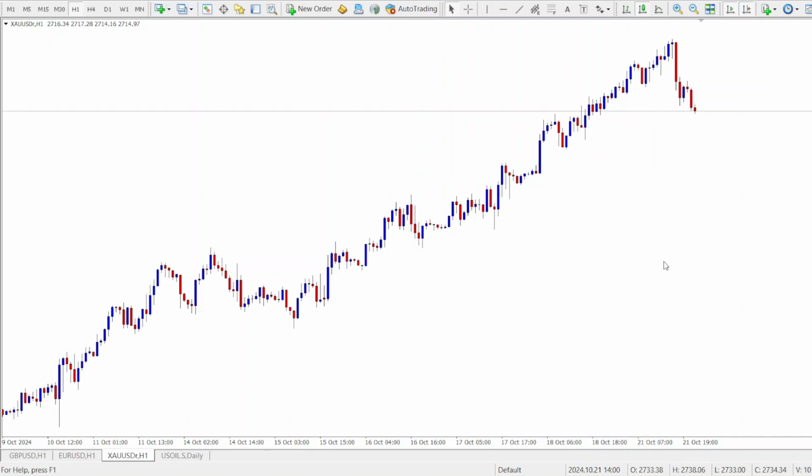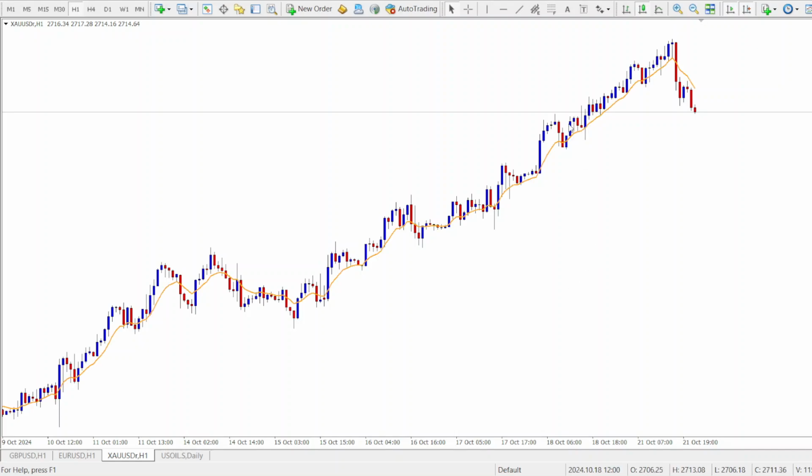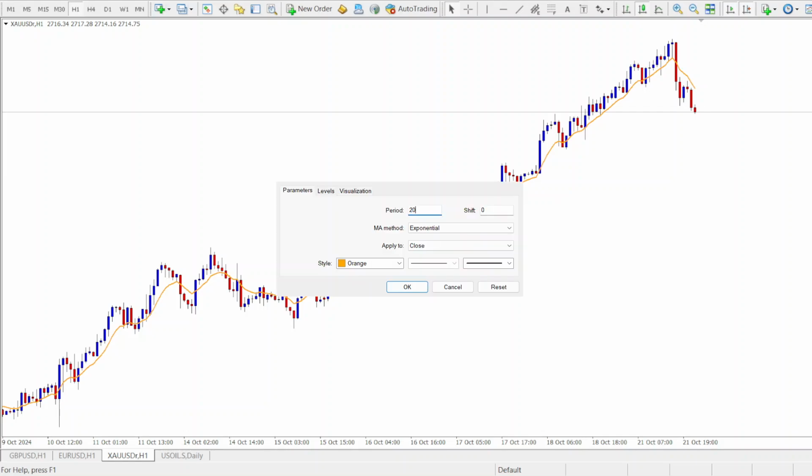Now we're going to be setting up these EMAs on our chart. We start with the 9 EMA, which is the fast EMA. Then we add the 20 EMA, which is going to be our medium EMA.